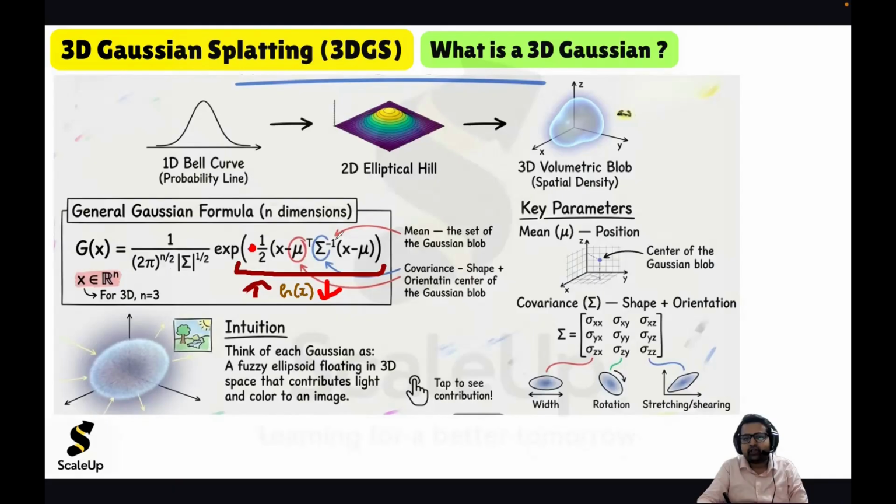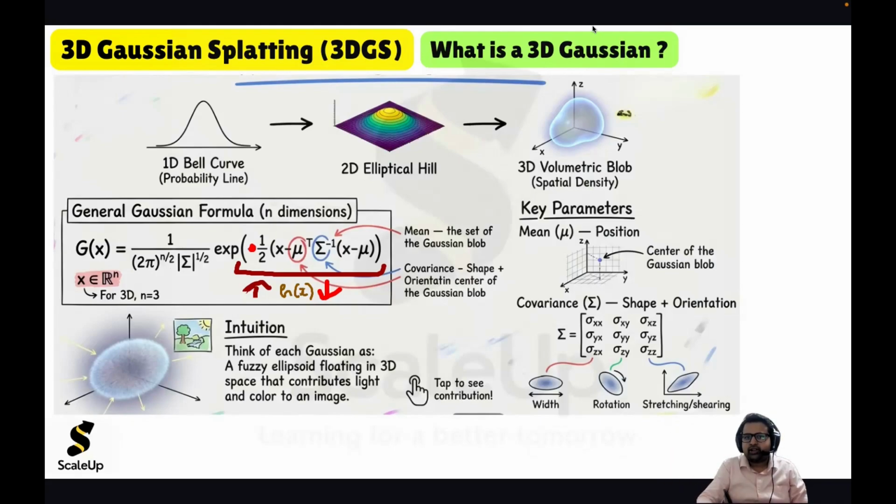The higher the value of sigma inverse, it means the 3D Gaussian is precise, like it is thin and sharp. And when the 3D Gaussian is thin and sharp, then if x starts drifting away from the center, the probability will start falling significantly.